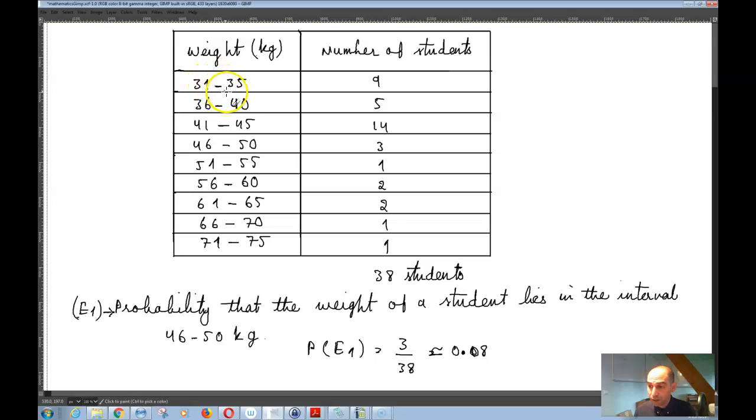For example, if I say the weight of a student was less than 31 kilograms, then I might be allowed to use that as an event that never happened based on this table.